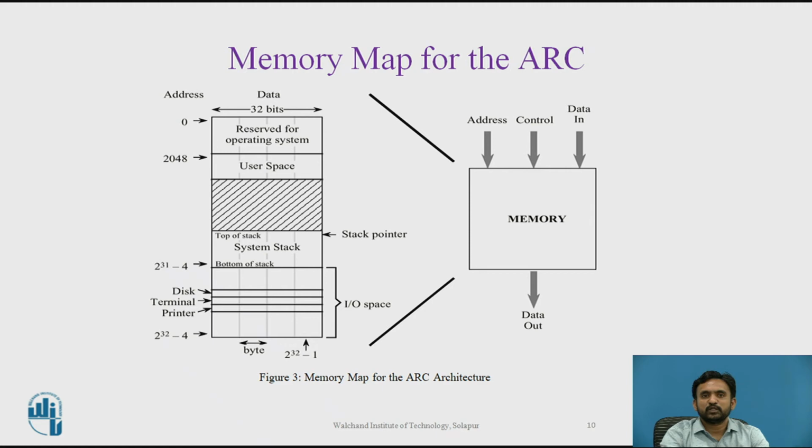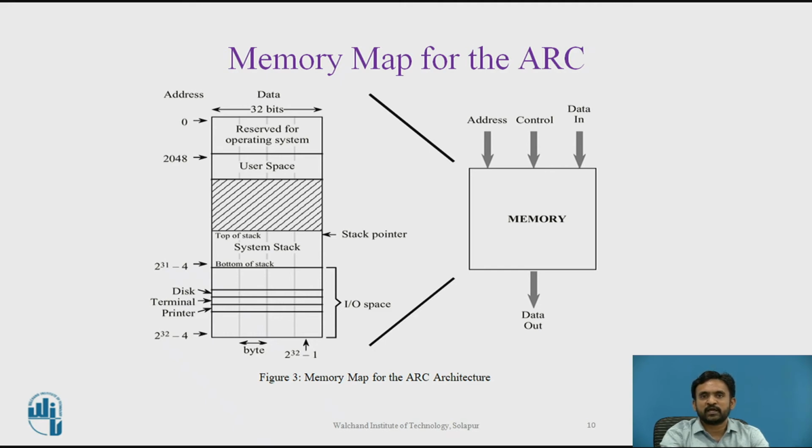Here the lower 2 to the power 11, that is 2048 addresses of the memory map, are reserved for use by the operating system. The user space is where user assembled programs are loaded, and that can grow during operations from location 2048 until it meets up with the system stack.